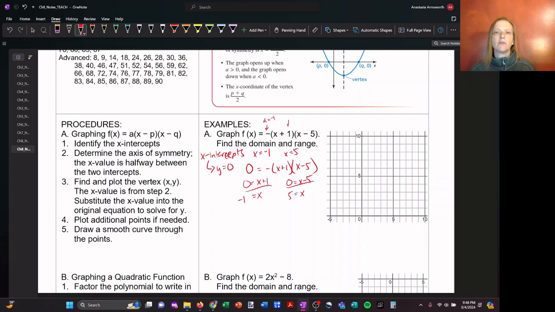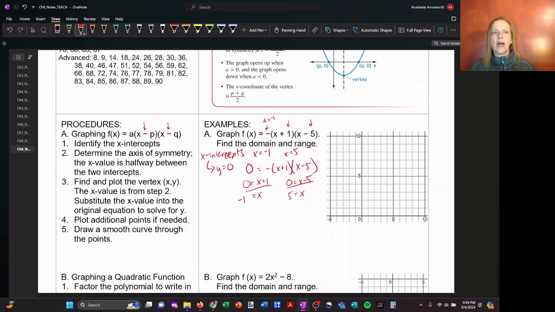So we see those values do come straight out of the factored form. You just need to watch the sign. If there's a negative sign there, then our intercept is a positive value of x. If there's a positive sign there, our x-intercept is a negative value.